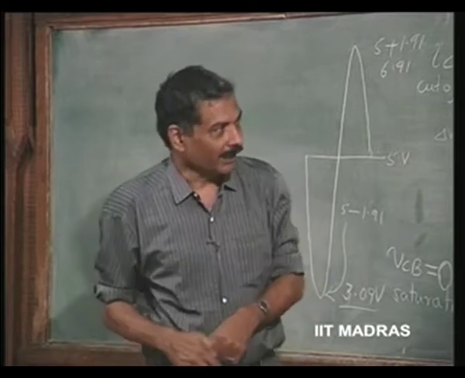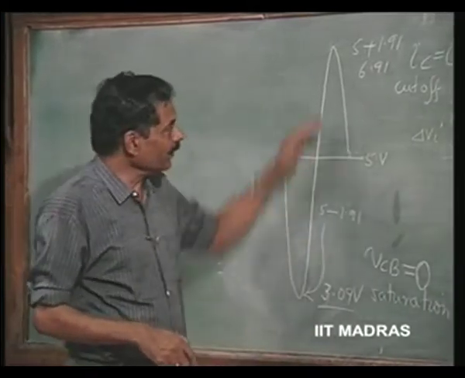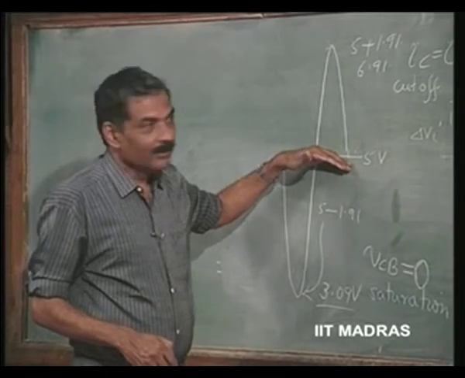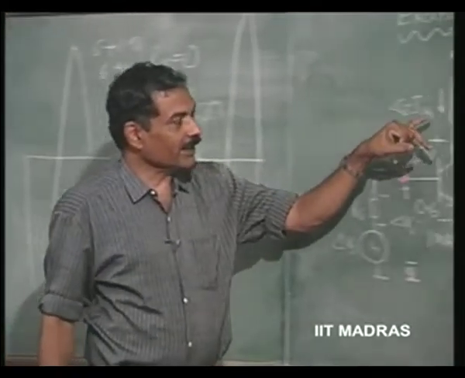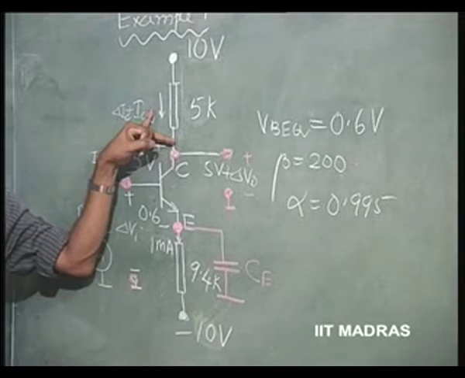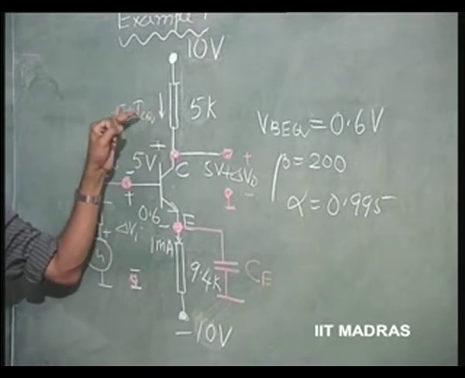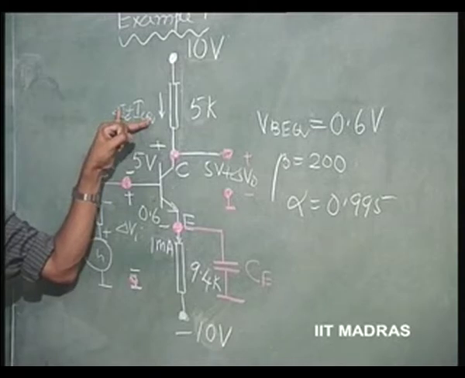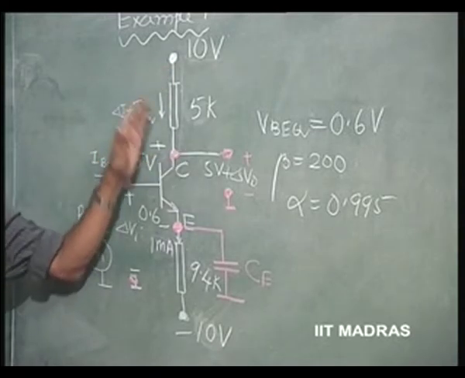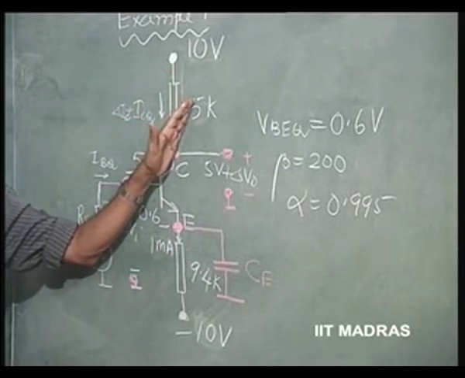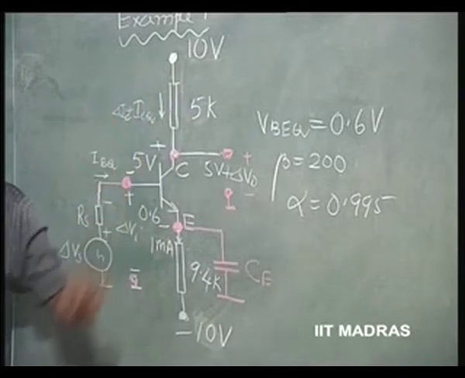Then the swing also is governed on the other side by ICQ. So, if ICQ is chosen as 1 milliampere, then for the instantaneous value to become 0, delta IC should become 1 milliampere. That means the swing on the other side is 1 milliampere, that is ICQ times RC, which is in this case 5 volts.